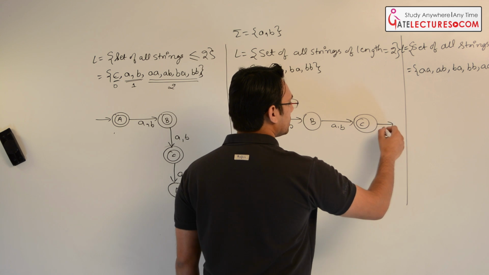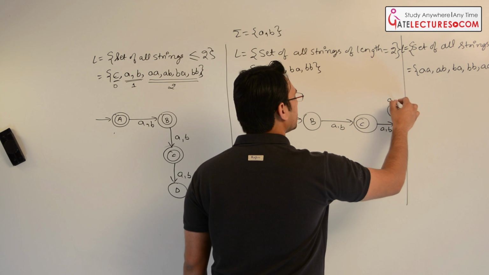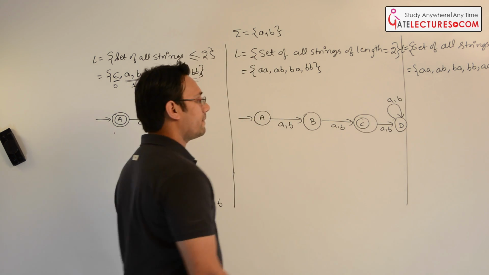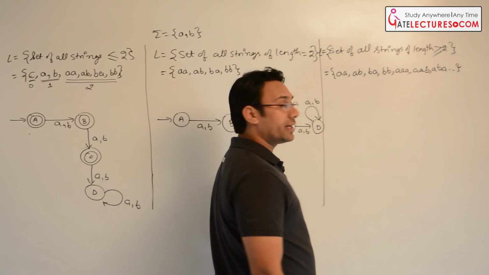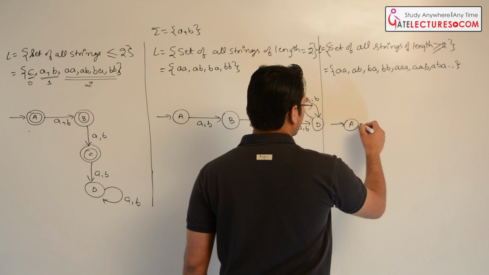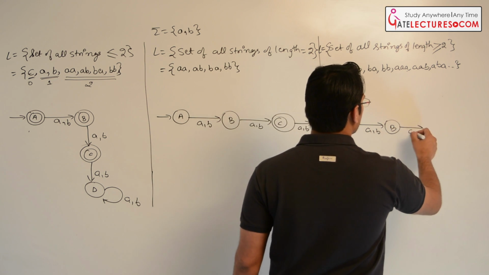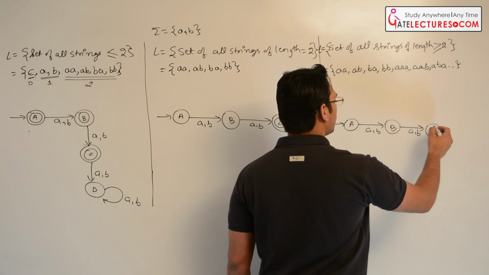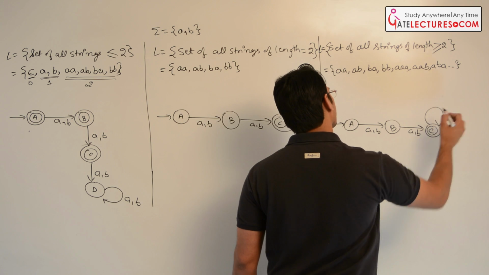And this means strings of length more than 2, we should not accept anything after this, fine. Now next is the set of all strings of length greater than or equal to 2, fine. So this is the state A, strings of length 1, strings of length 2, right, and we should accept every string whose length is greater than or equal to 2.